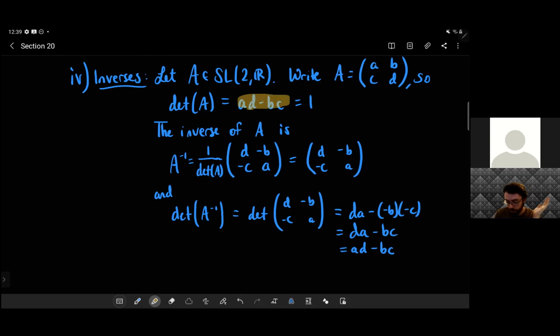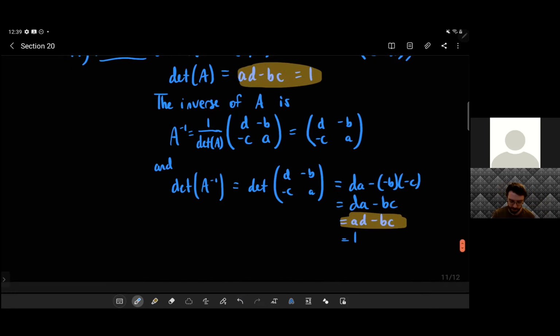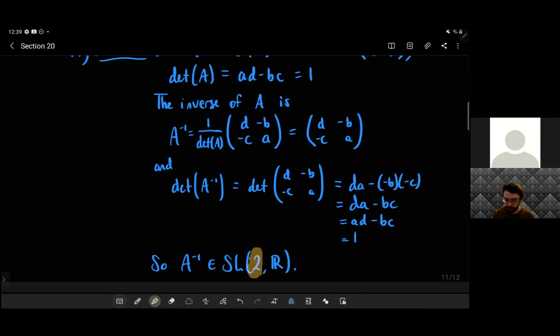And it almost seems magical that that pops out. AD minus BC is actually 1. So A inverse is, in fact, in the special linear group. Fun fact, that works for any number of dimensions. It's just harder for higher dimensions.